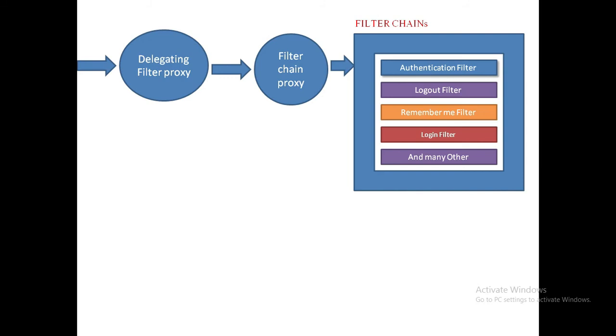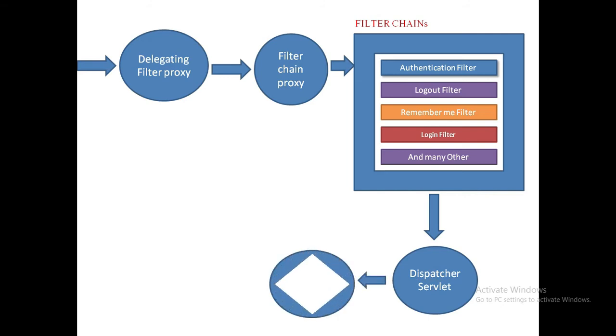We will see this in a video. So the request comes to this filter chain, and from this filter chain the particular filter will get executed. Okay, and after that it goes to the dispatcher servlet, and from the dispatcher servlet it goes to the controller. Hope you guys are clear with this flow.